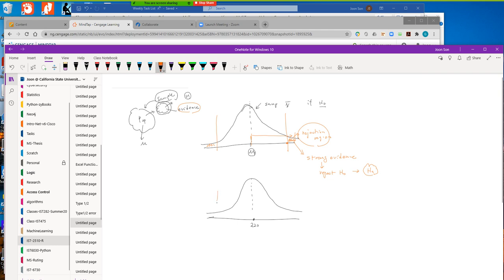They have a population, and then they get a sample. They want the sample to be in this rejection region, less than 220. So that's what's really happening. This is a one-tailed test.